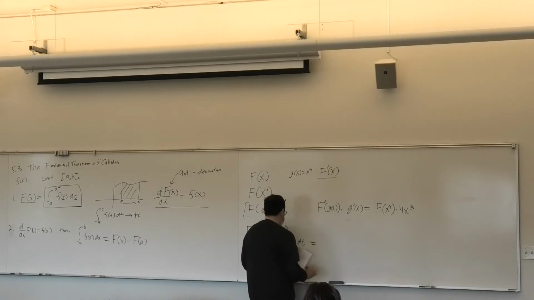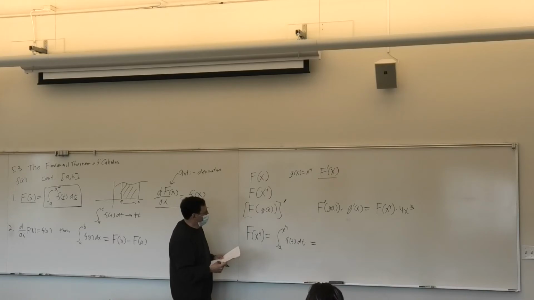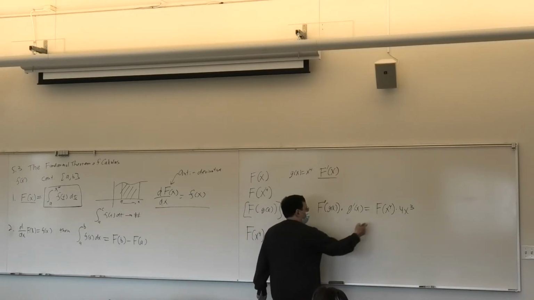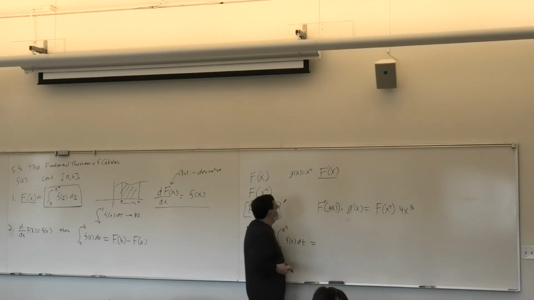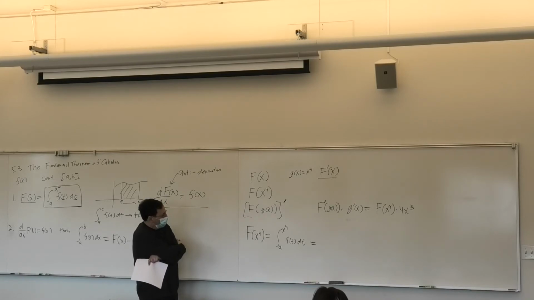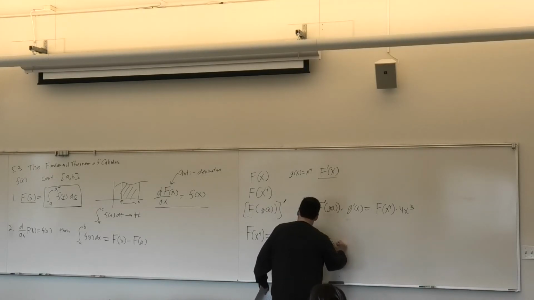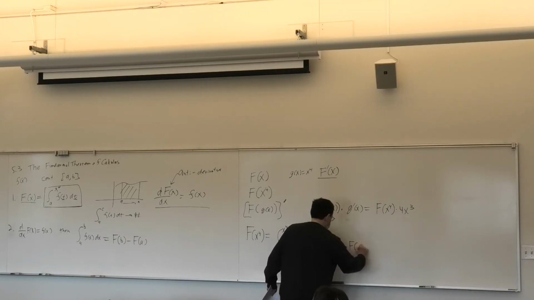It's going to be f evaluated at x to the fourth minus f evaluated at a.